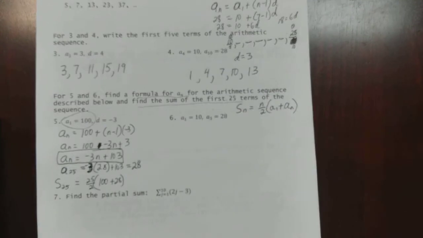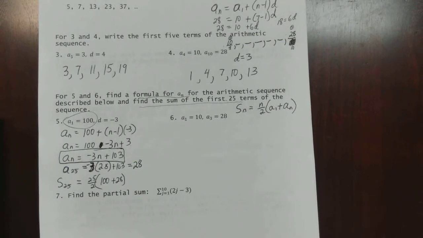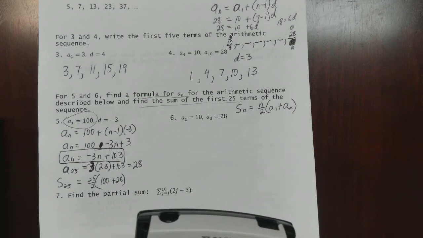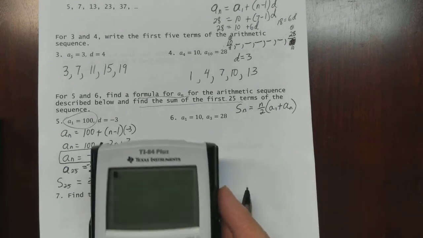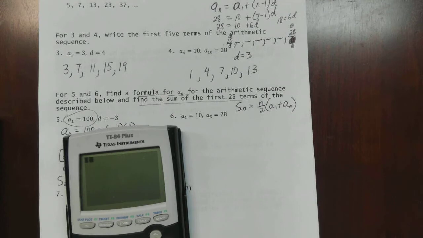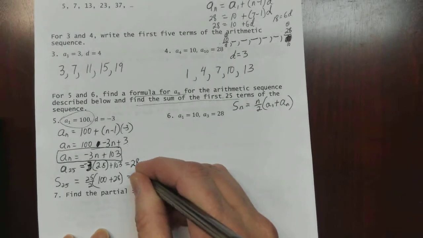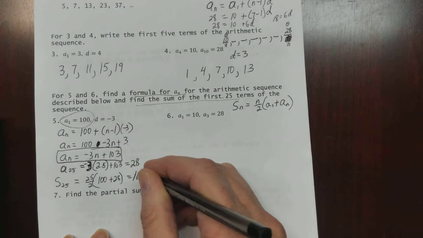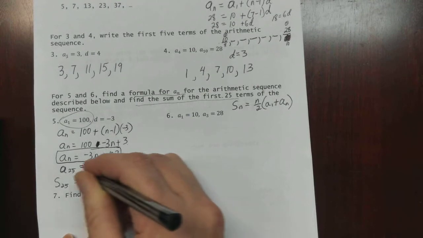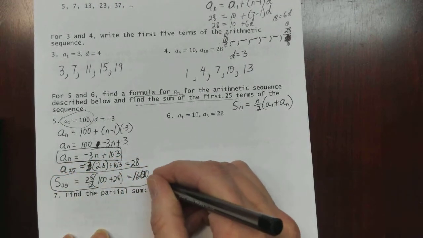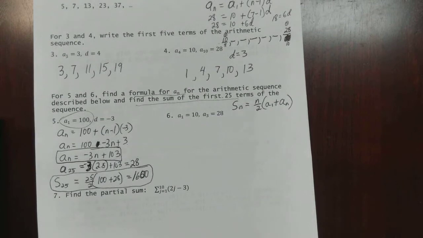That's 12.5 times 128, which is 1,600. So the sum of the first 25 terms is 1,600.